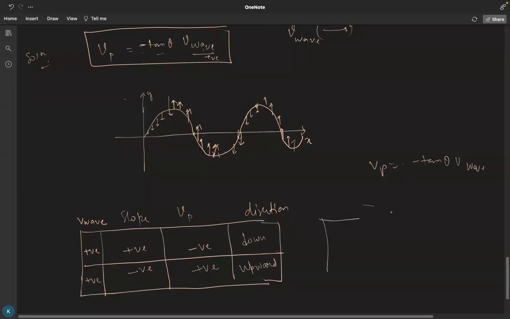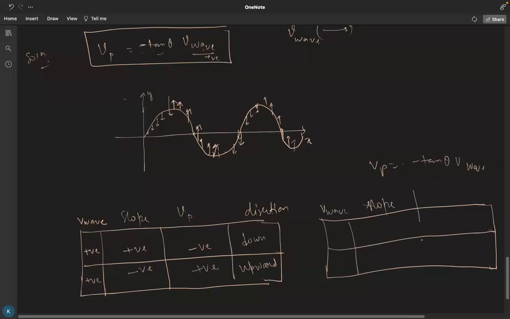Next, make the next table for this time. I'm going to take the velocity of wave in the negative direction, that means the negative x-axis. Velocity of wave, slope, VP, which is the velocity of particle, and direction. So the velocity of wave is negative.